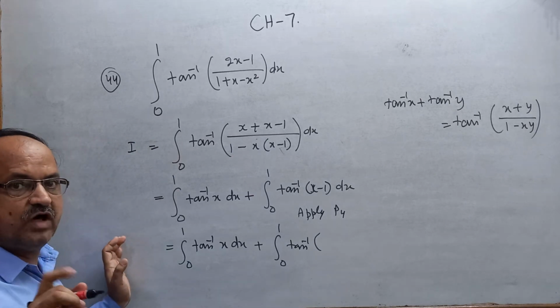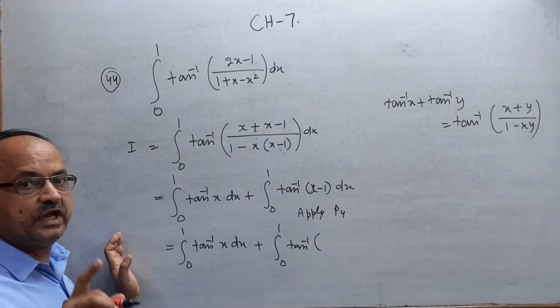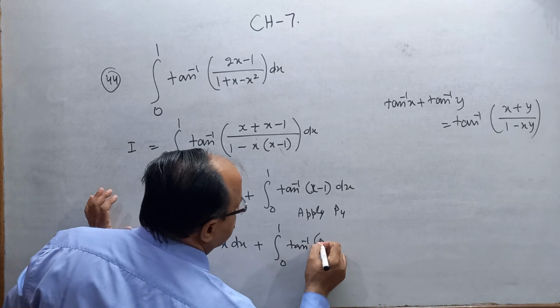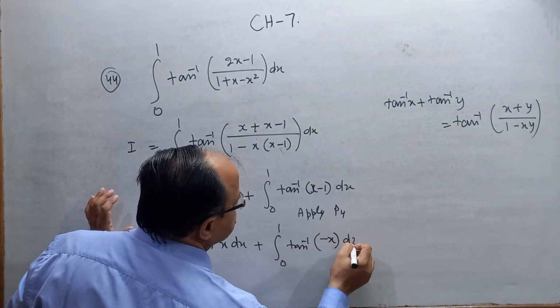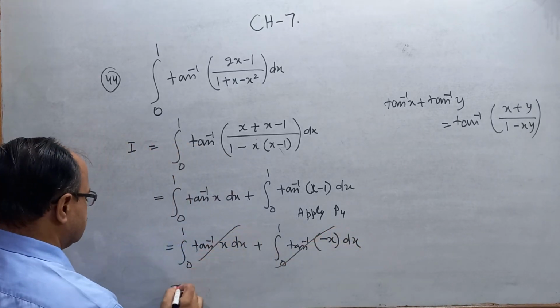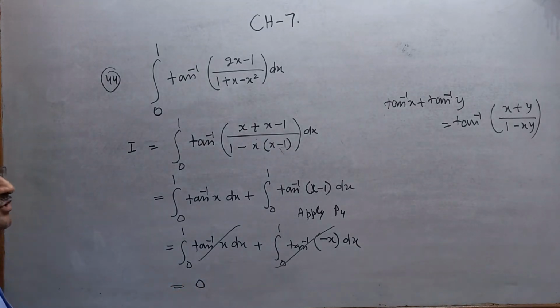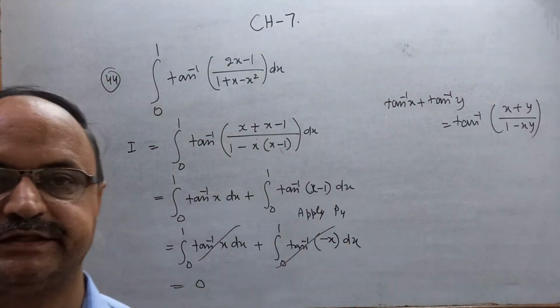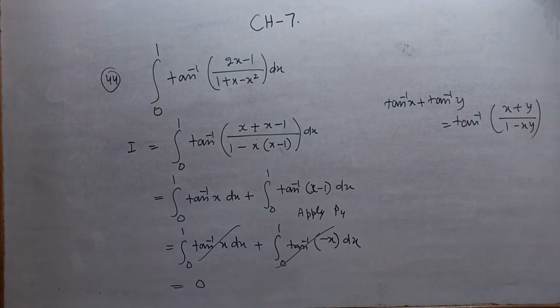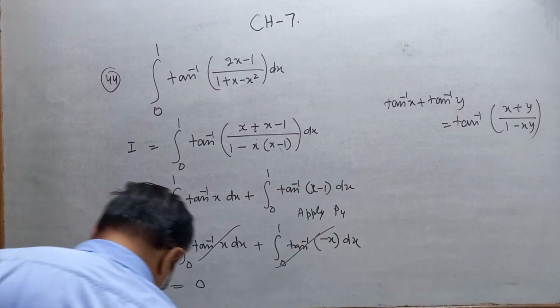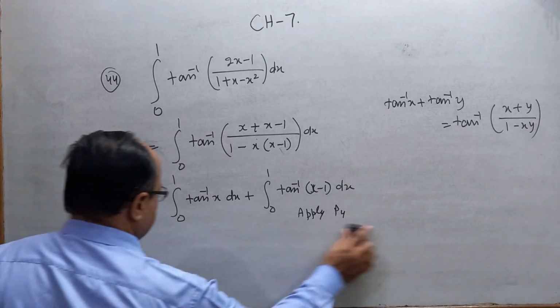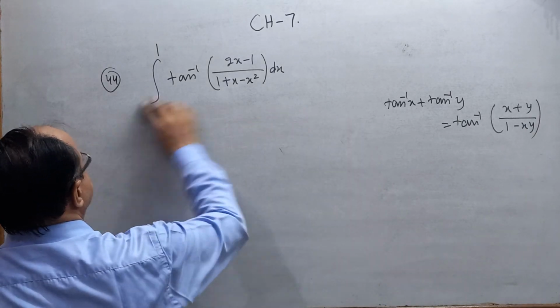Replace x by 1 minus x, because you know that P4 gives a minus x, that is x only, dx, and this will cancel. The result of this question is 0. Correct? Okay.